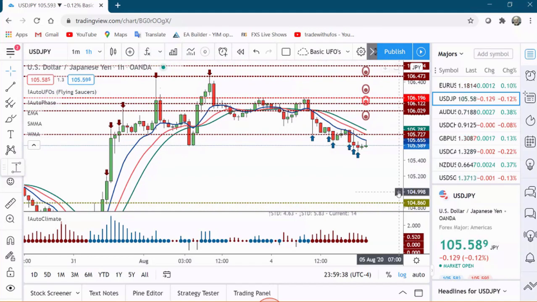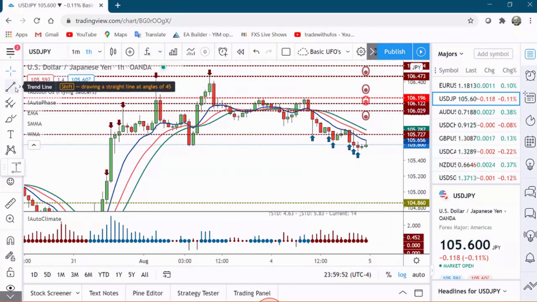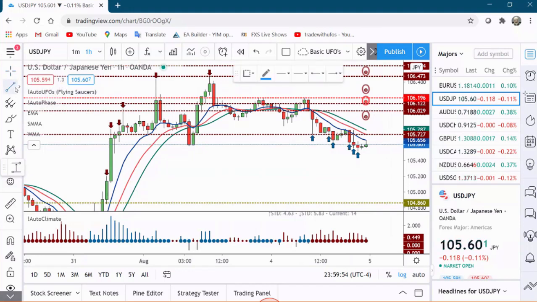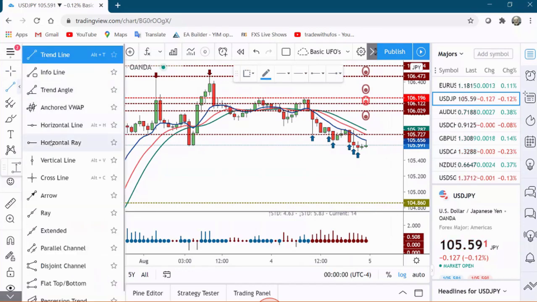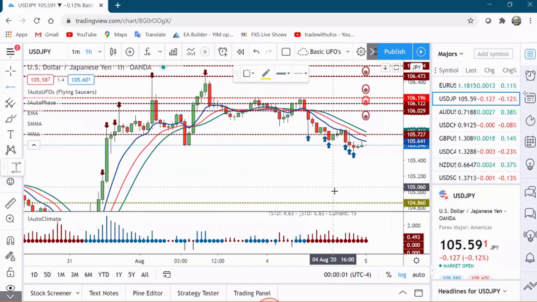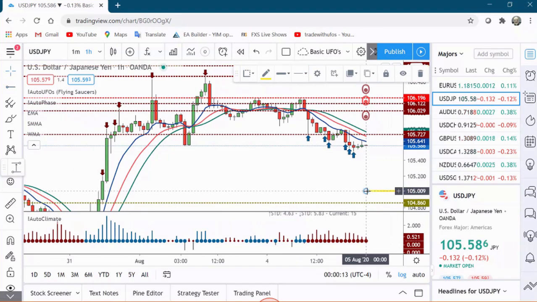Here's 105. Here's 105. This is where we're trying to get to, right? 105. So let me go ahead and mark that. So right about there is the 105.